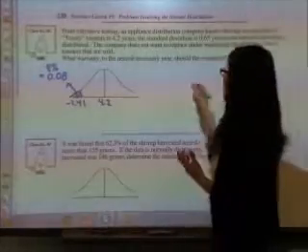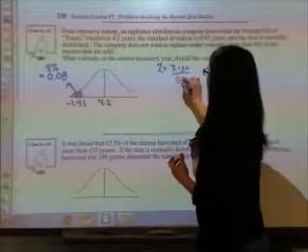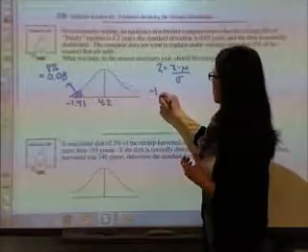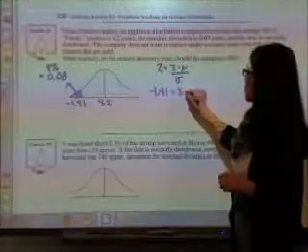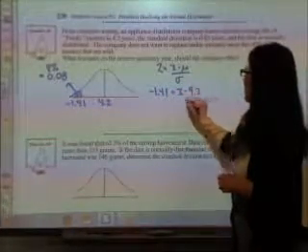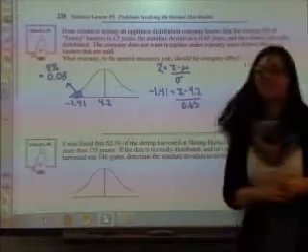I use that formula. Z equals X minus mu divided by sigma. My Z-score is my negative 1.41. My X is what I'm trying to find out. And my standard deviation was 0.65. So how do I solve for X?